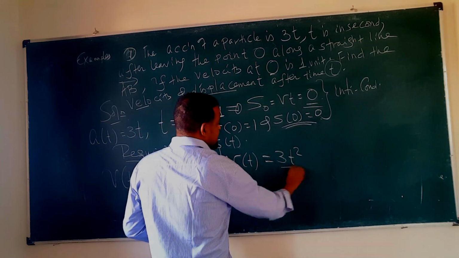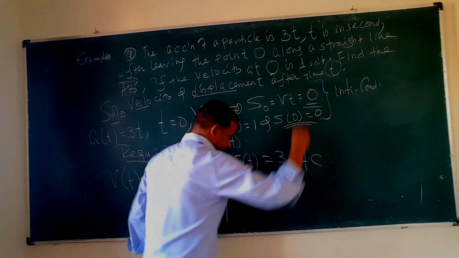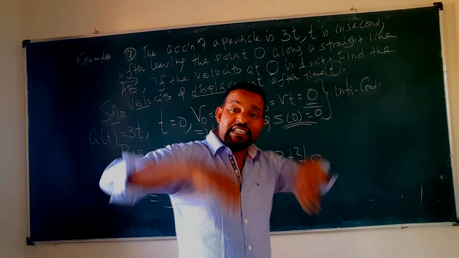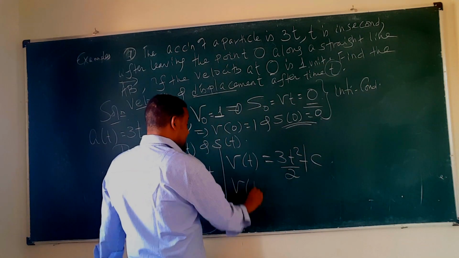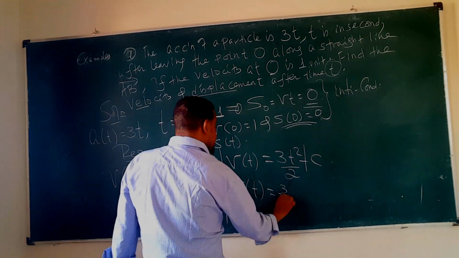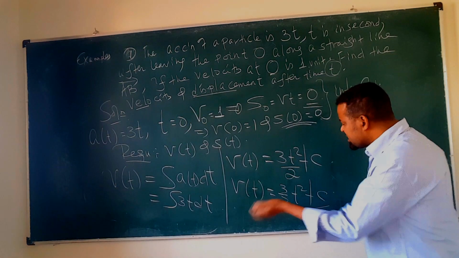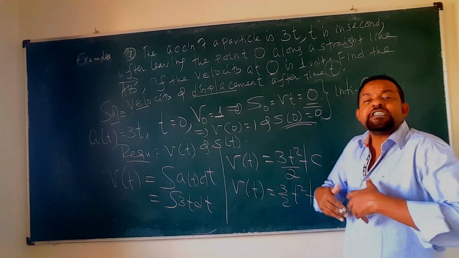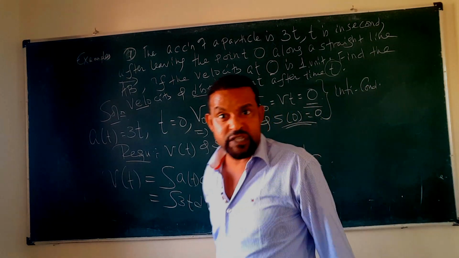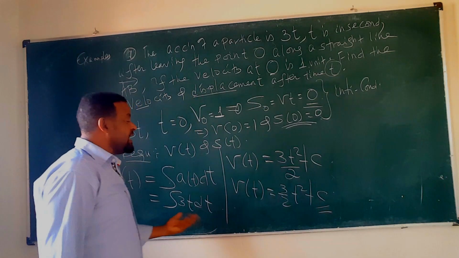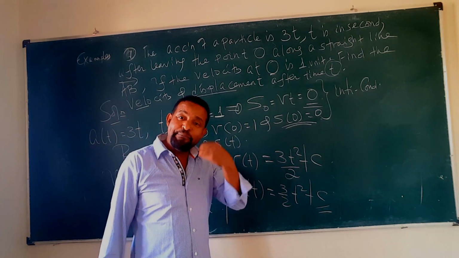So the velocity function is given by the integral of 3t, which is 3t squared over 2 plus c. Here c is the constant of integration, which we must find by using the initial conditions, because we will be asked for the velocity at a particular time t.